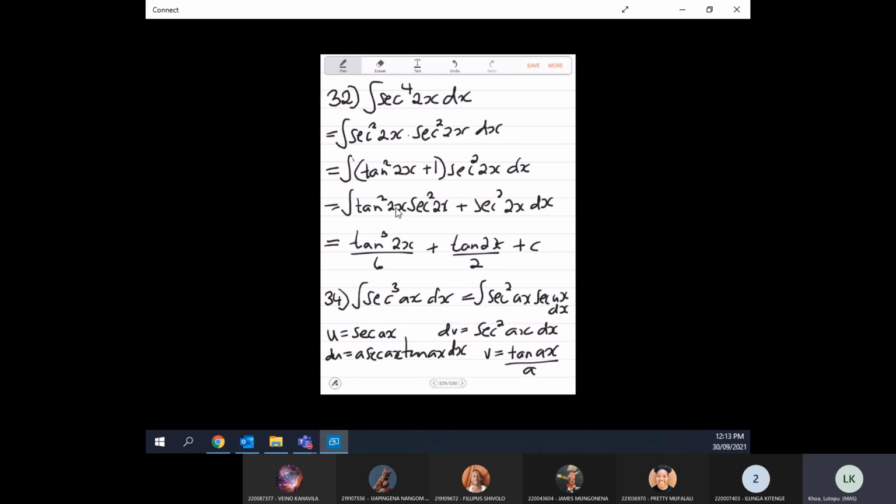So for v times du, you can see one a is in the denominator, the other a is in the numerator. They will cancel each other out, and then I just have sec ax tan squared ax.